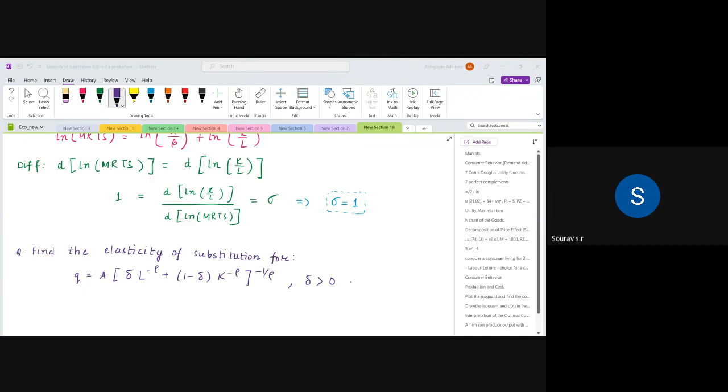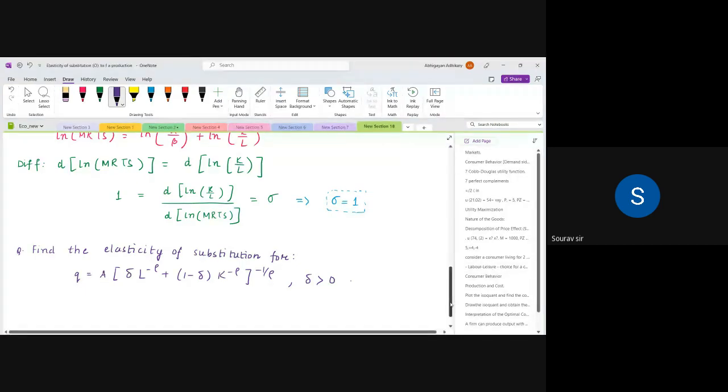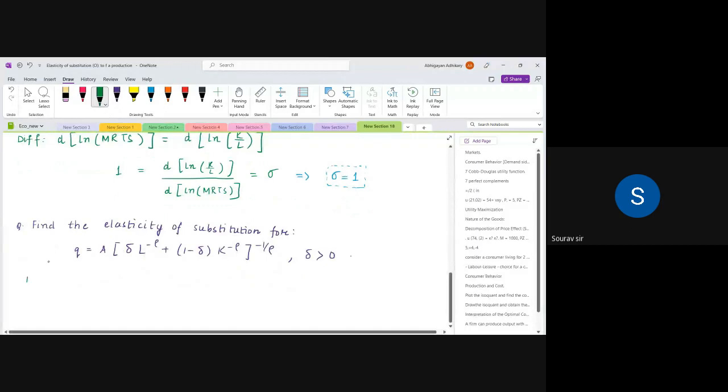So what I want you all to do is, let us first try to calculate MRTS, right? So what do we need for MRTS?